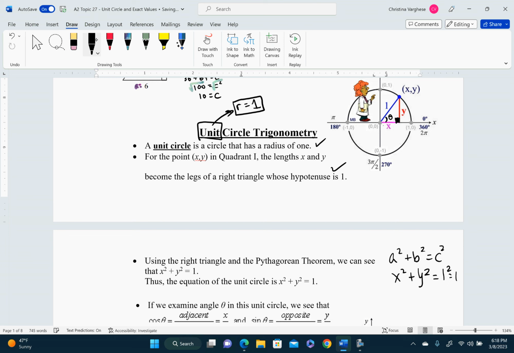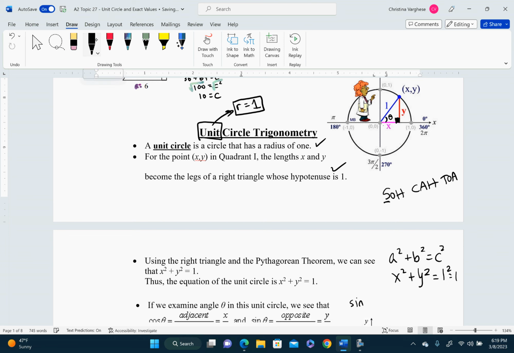There's something that you need to know called SOHCAHTOA. Let's go into what this stands for. The S is called sine. Some people call it sin.